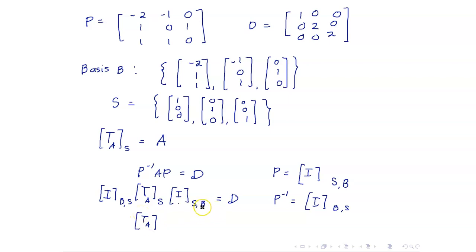Look at this. From B to S, and then S to S, and then from S to B. So therefore, this is the matrix representation of A with respect to the basis B, and that is equal to your diagonal matrix.